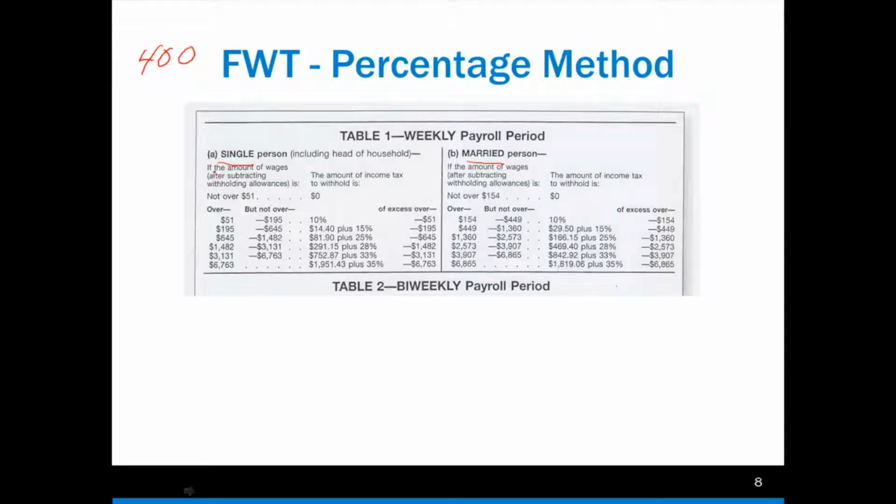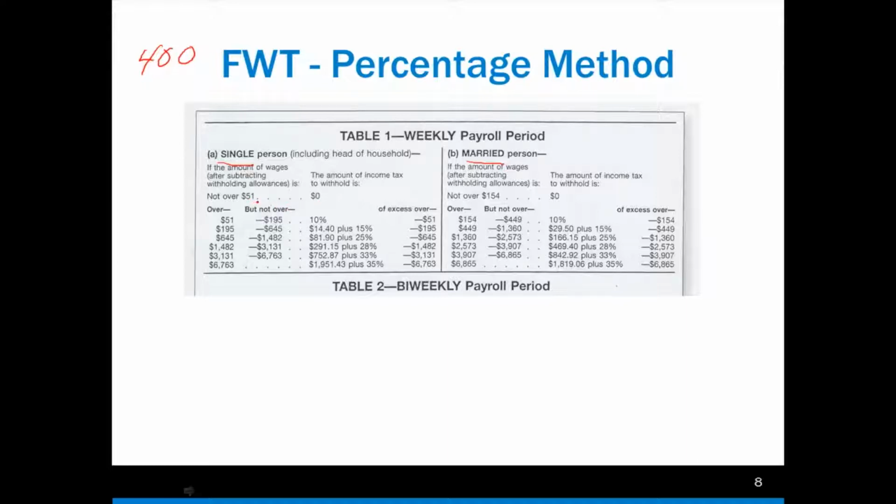It says if the amount of wages after subtracting withholding allowances is not over $51, then the amount of income tax to withhold is 0. In other words, if your wages after you subtract the withholding allowances are less than $51, you wouldn't have any withholding tax because you're making so little money.